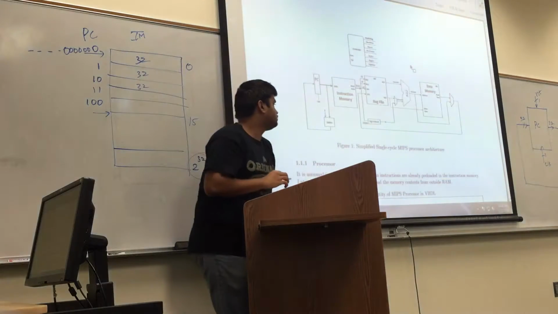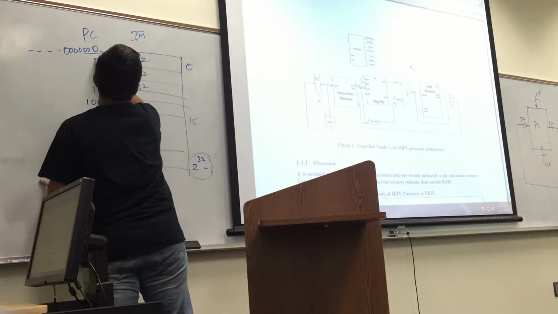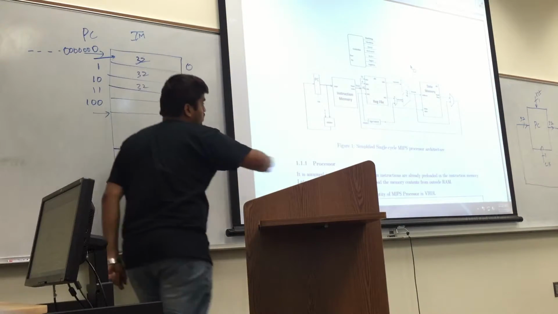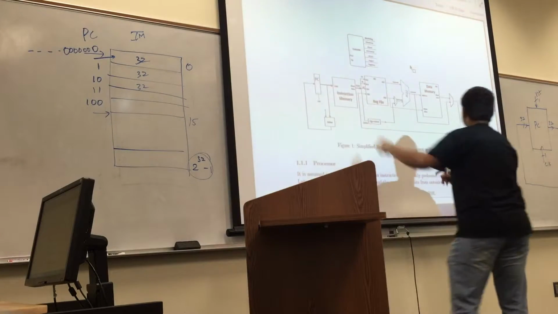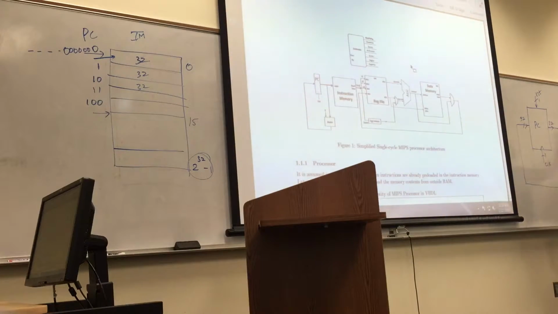So say that we have fetched this instruction now. The output of this PC is all zeros, and this is 32-bit, right? You will be having all zeros.